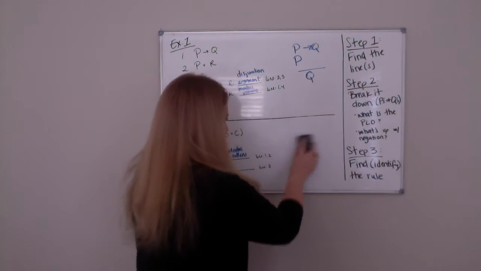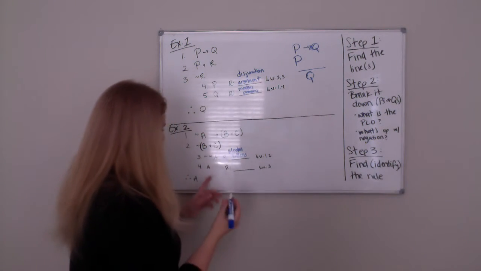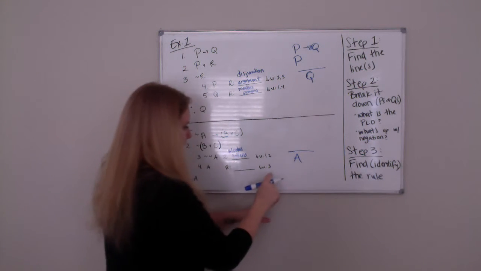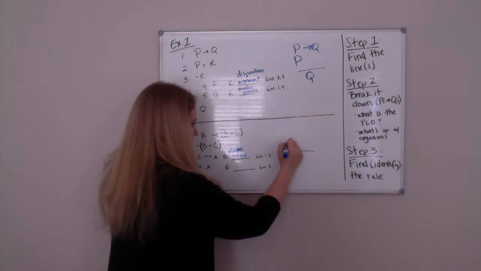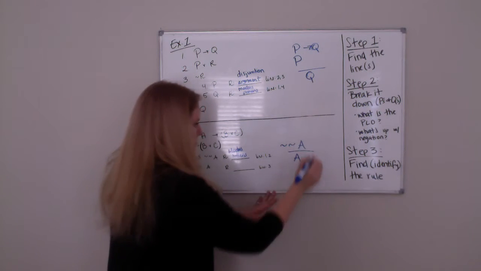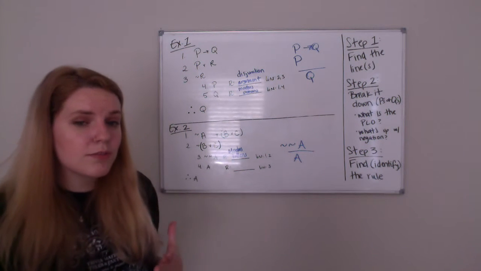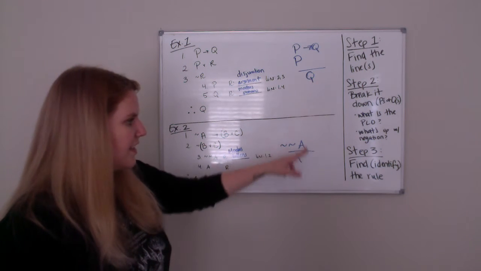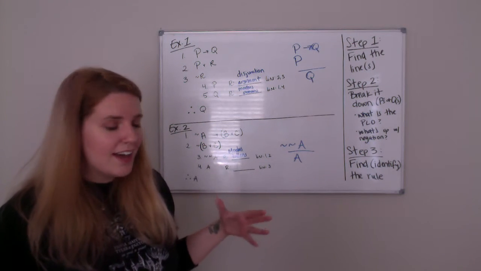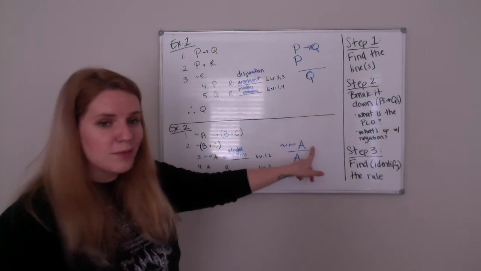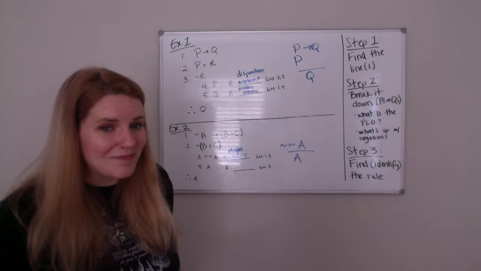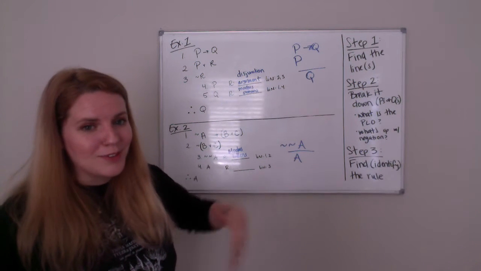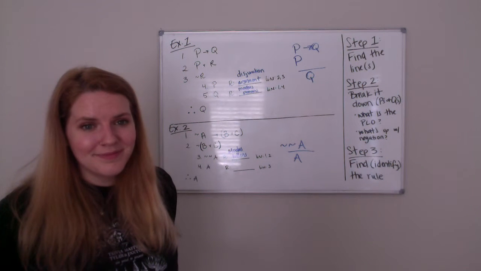Line 4 tells us that we can infer A from something in line 3. What's line 3? Not A. Is there a rule in your book that takes something like this pattern, where you have a variable that has a double negation, and it allows you to infer that same variable without any negation?